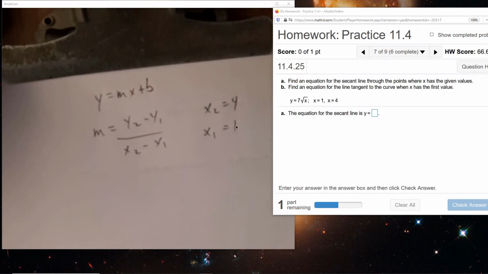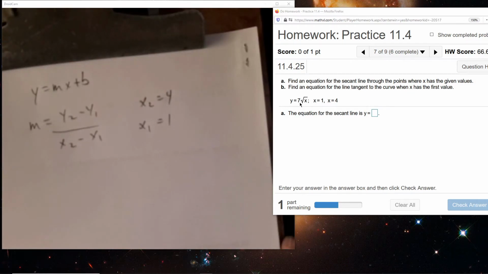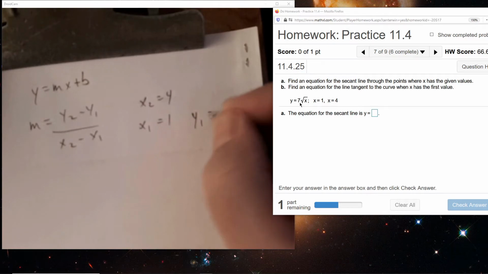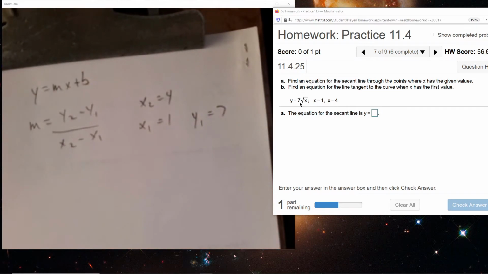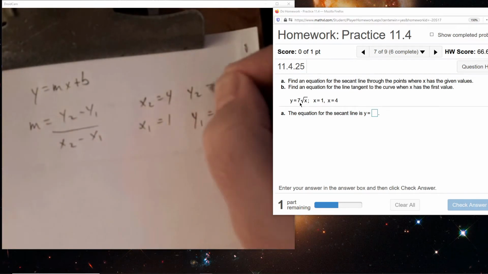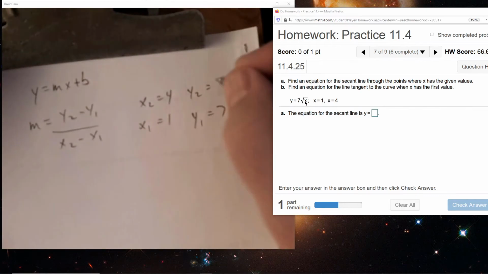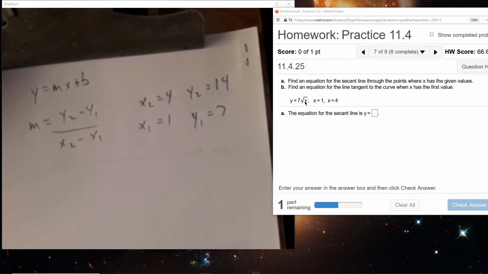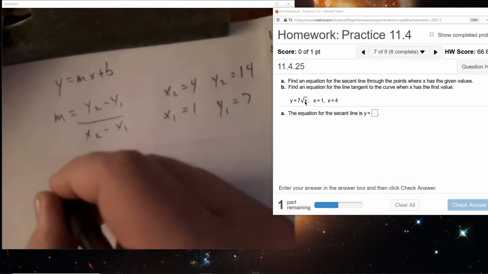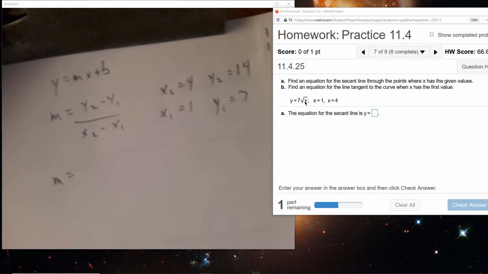Now I'm going to plug 1 and 4 into the function to find out what these y values are. So if we plug 1 into the function, we get 7. And if we plug 4 into the function, well, square root of 4 is 2. 2 times 7 is 14. So now we have the pieces to figure out the slope.